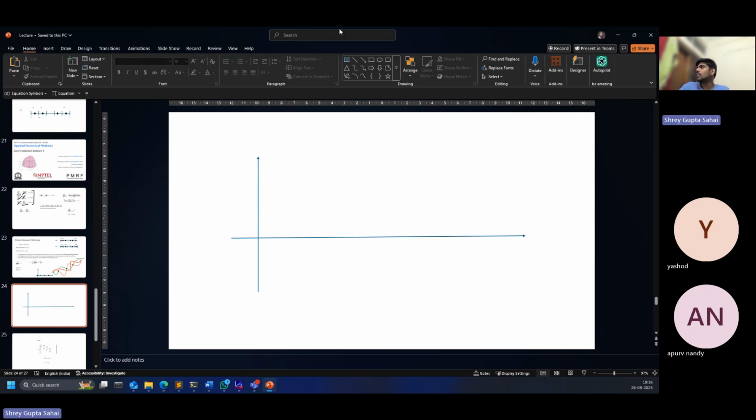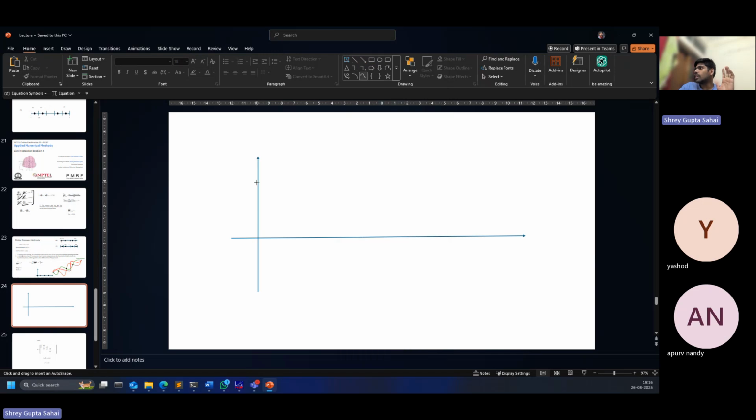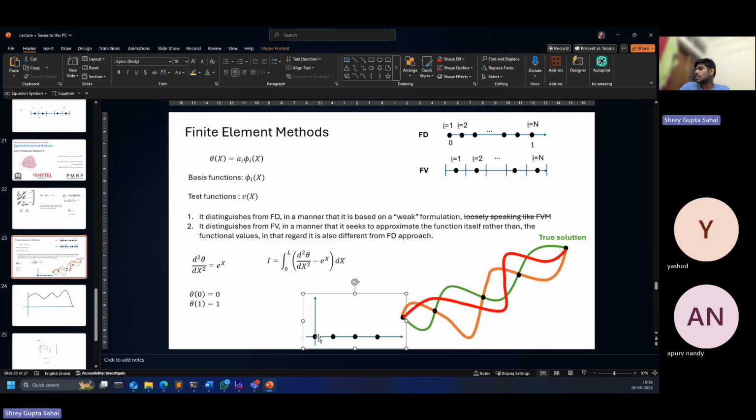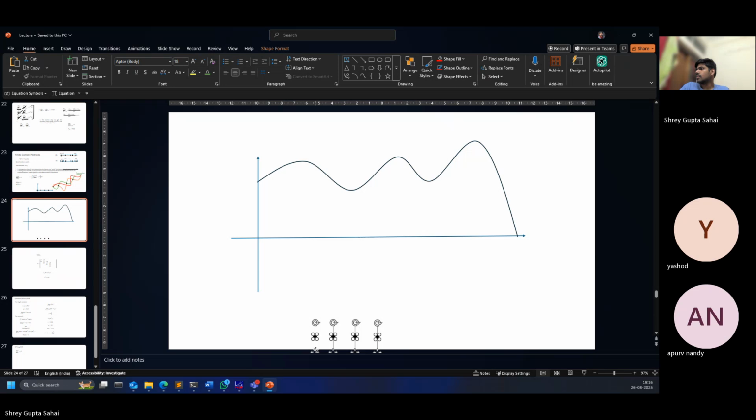So some theta is there. I'm plotting error now. Let me plot error quickly. Okay, this is my error. And I have chosen my points to be like this. Let's say these are the points roughly.